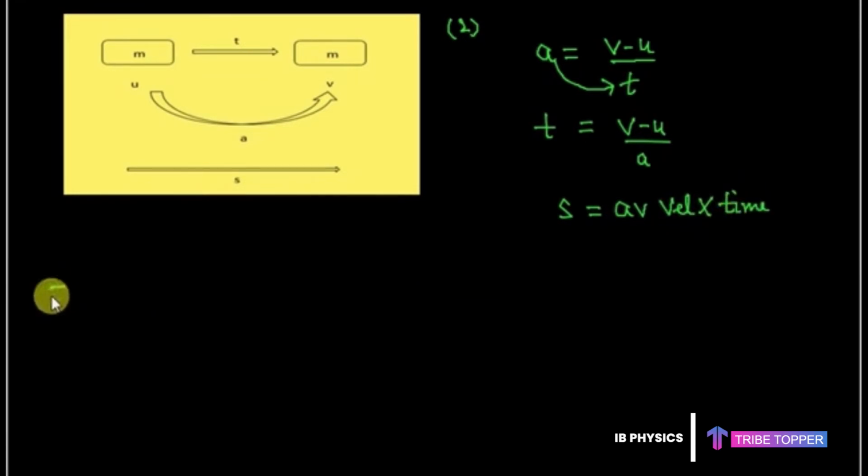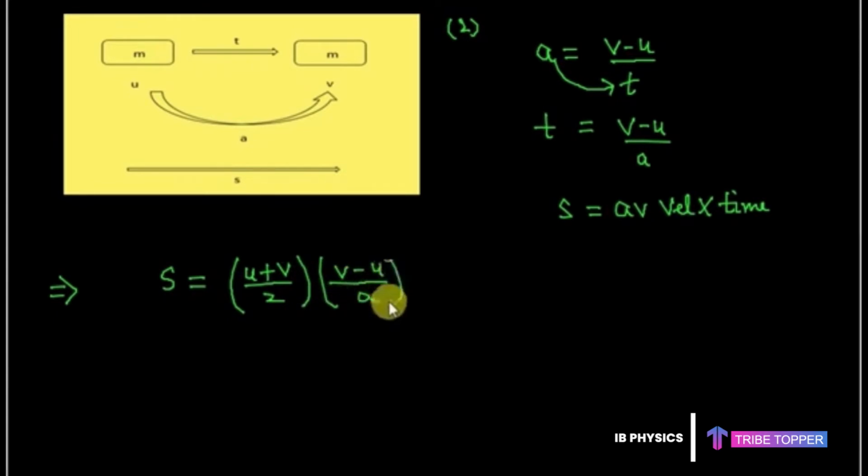That means s is equal to average velocity, which is u plus v by 2, into time. If we just have two velocities, then the average velocity is u plus v by 2. Time I can write as v minus u by a. If I write this as v plus u, and use the identity a plus b into a minus b is a square minus b square, I get v plus u into v minus u as v square minus u square upon 2a.